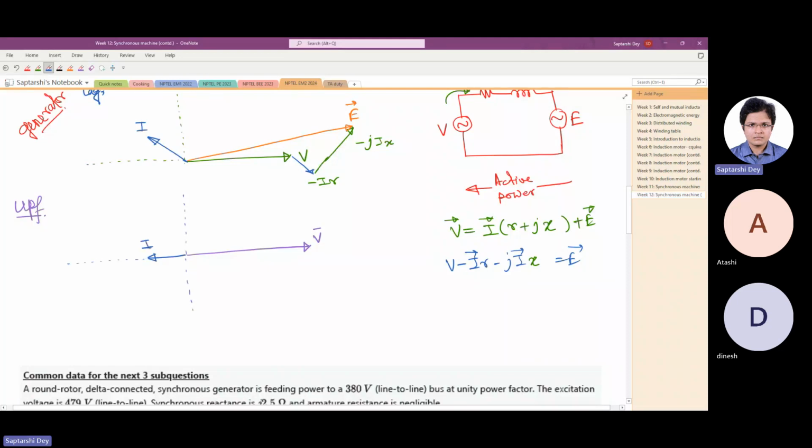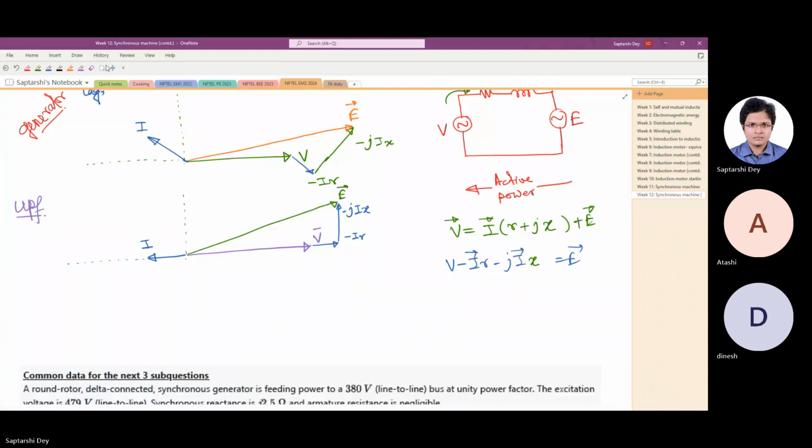This is I. Now, if this is I, then this is minus IR, and anti-clockwise is this direction, positive. So this is minus jIX. And if I add all these three vectors, what I am getting is E. Okay.